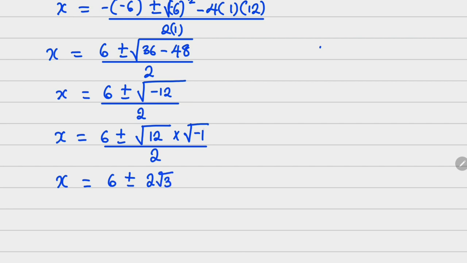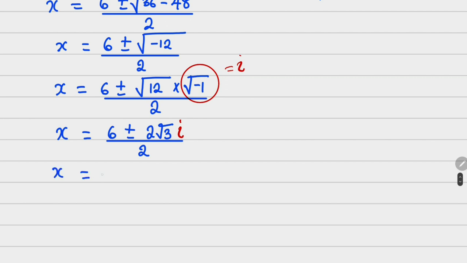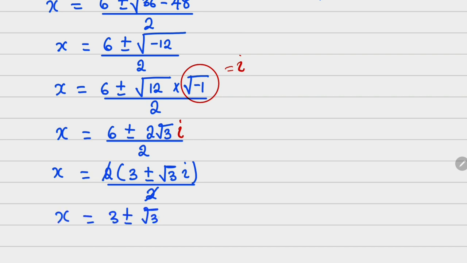Then root of negative 1 is a complex number which is equal to i, right? So I'm going to have i, okay, all over 2. So I can factorize 2 out, so that I'm going to have 2 into 3 plus or minus root of 3 i, all over 2. This cancels this out. So my x is 3 plus or minus root of 3 i.